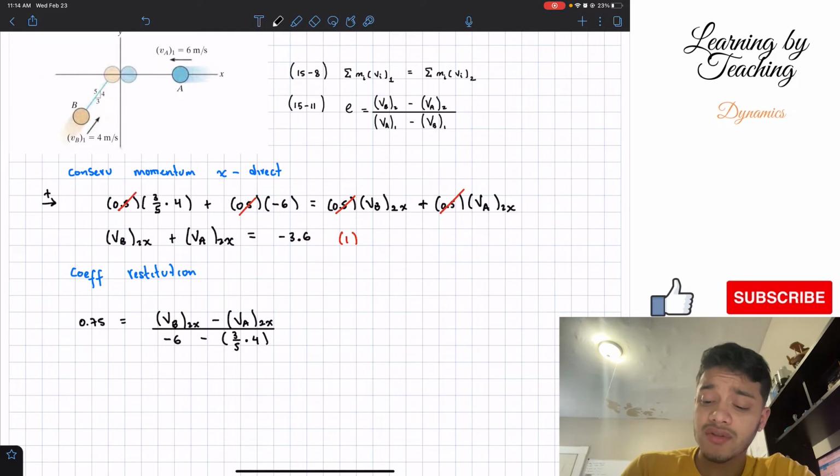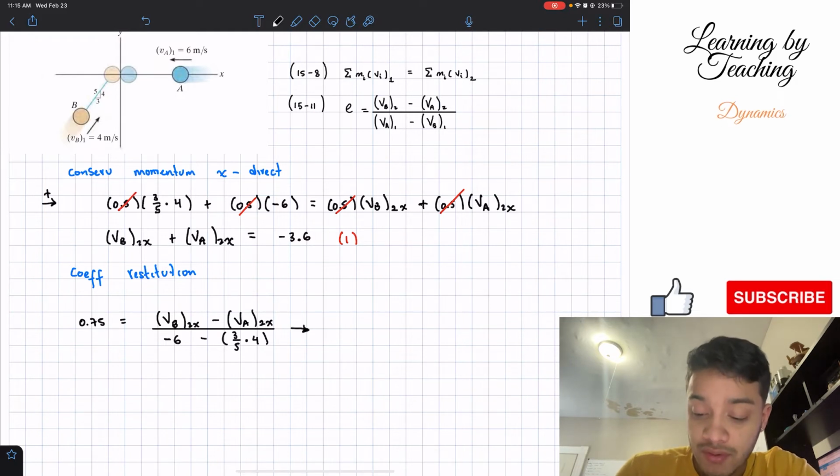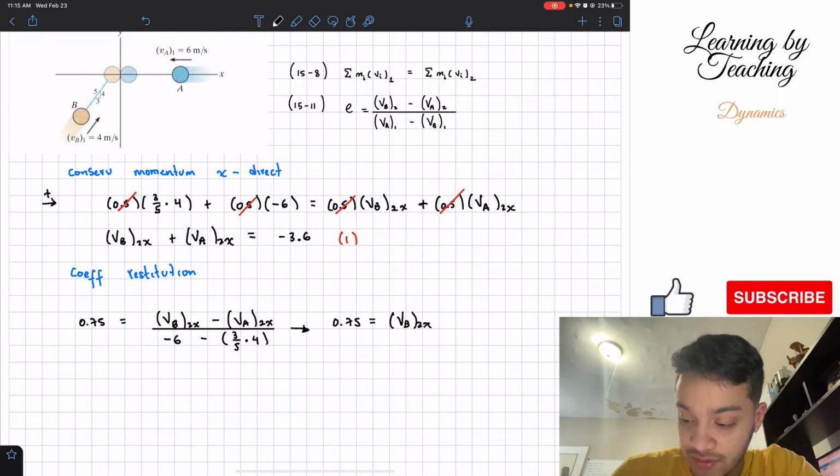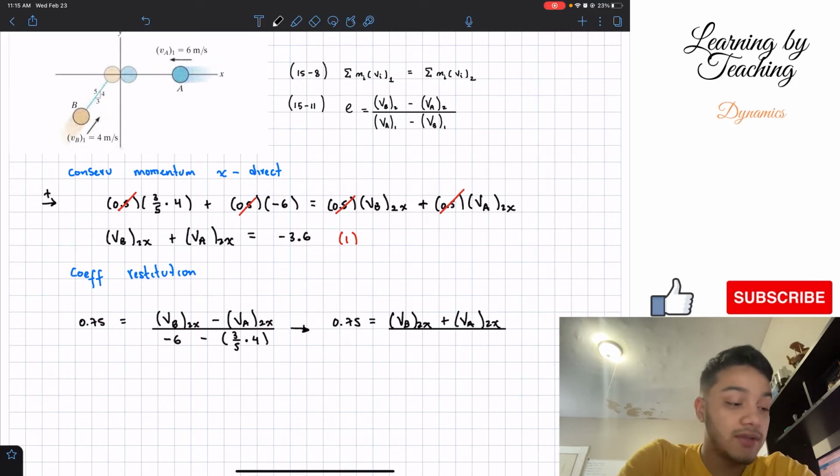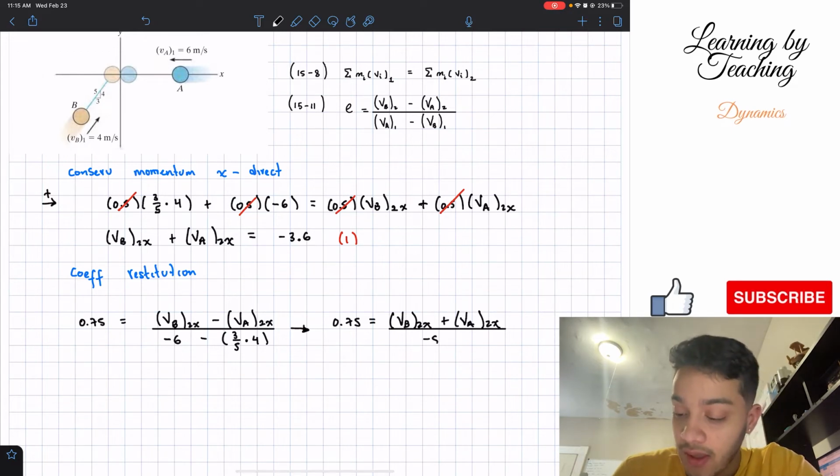So from this, 0.75 is equal to the velocity of B after the collision in the x direction plus the velocity of A after the collision in the x direction, divided by, and I'm going to add these two negative numbers, which gets me a total of -8.4.